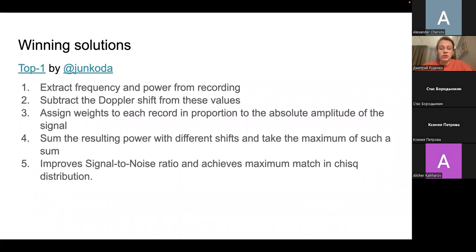He subtracted the Doppler shift from every value and assigned weights to each record based on the absolute amplitude of this record. Then he summed up the results with a technique called power summation and tried different strides for every recording, keeping the best one by the maxima of the power sum.